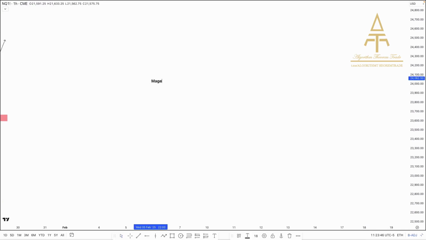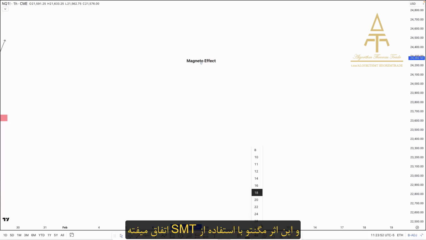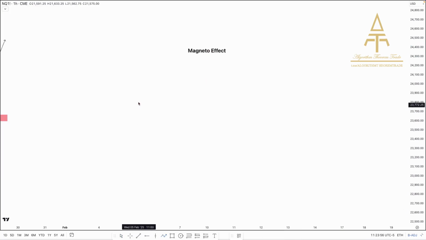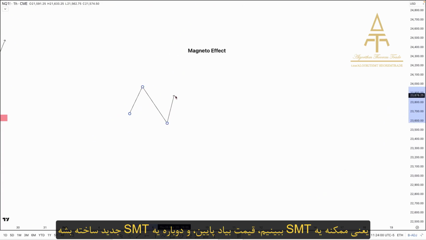One more thing I want to cover is something called the magneto effect. The magneto effect is using SMT. So we may have an SMT and we trade lower and we form another SMT.